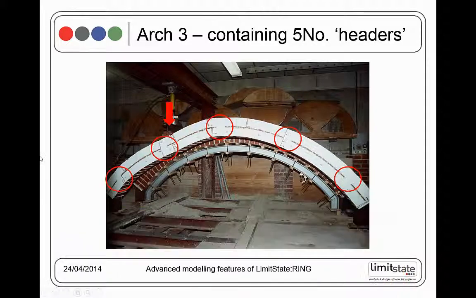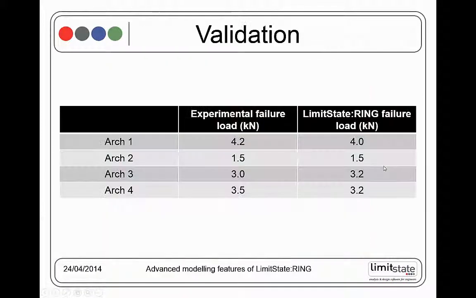So how does that correspond to what we saw in the tests? Well, I've got the experimental failure loads in the first column. Arch 3 and 4 were actually nominally identical, but we had some scatter in the experimental failure load.